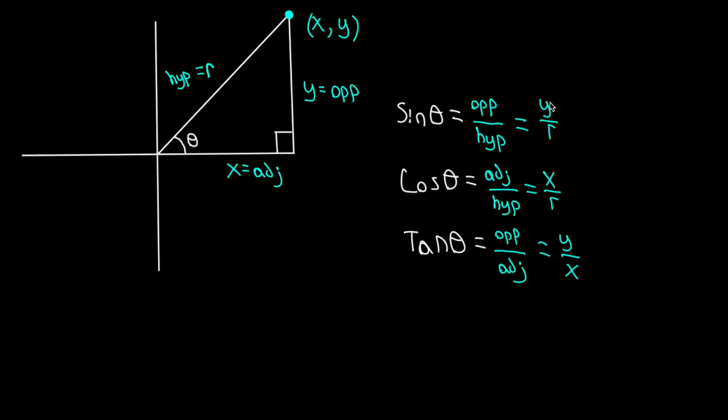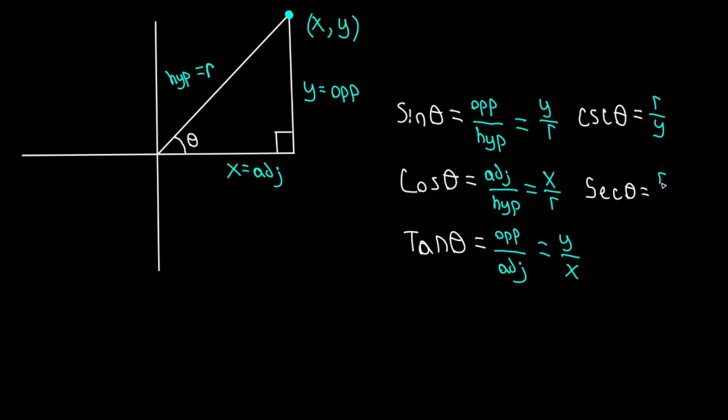Now what about our other three? Well, cosecant of theta is just the opposite of sine of theta, or it is the reciprocal, which we would say is r over y. You're literally just flipping it. And secant of theta would just be our cosine of theta, but it would be our reciprocal of it, or the flipped version.